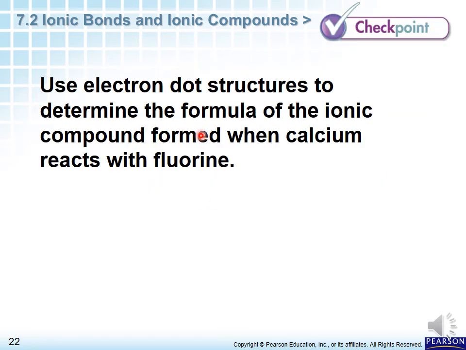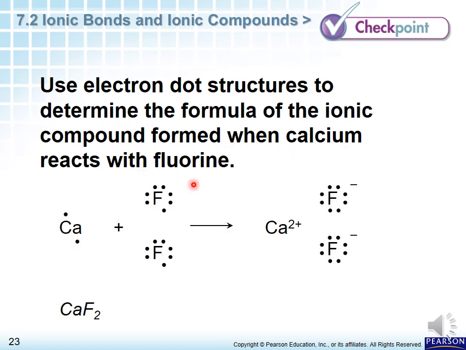Now use the electron dot structure to determine the formula of the ionic compound formed when calcium reacts with fluorine. So here we go. Calcium belongs to group 2A. So how many valence electrons? 2. And fluorine belongs to group 7A, which needs 1 electron only.